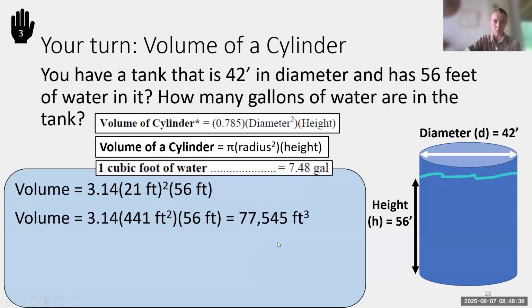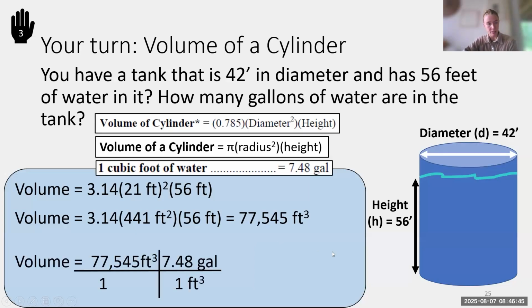So we're going to need to do a conversion from cubic feet to gallons. To do that, we're going to set up our grid. And we're starting with 77,545 cubic feet. We put that over 1 for our left side of the grid. For our right side of the grid, we have our conversion factor of 7.48 gallons for every cubic foot.